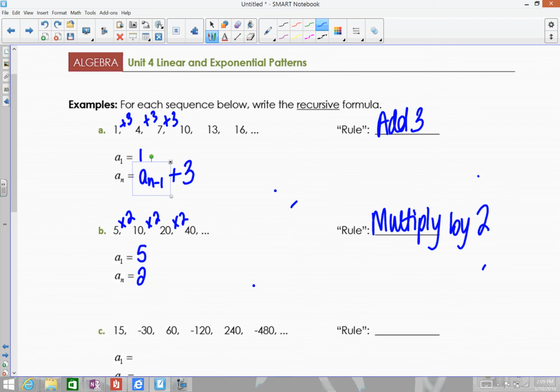So it's going to be 2 times that notation for the previous term, which is a sub n minus 1. So notice in all of these, this a sub n minus 1, that's the notation we always use for the previous term, because it's always 1 less than a sub n. You could do times 2 at the end if you want, but typically for multiplication you put it in the front, and then for addition and subtraction, you put it at the end.